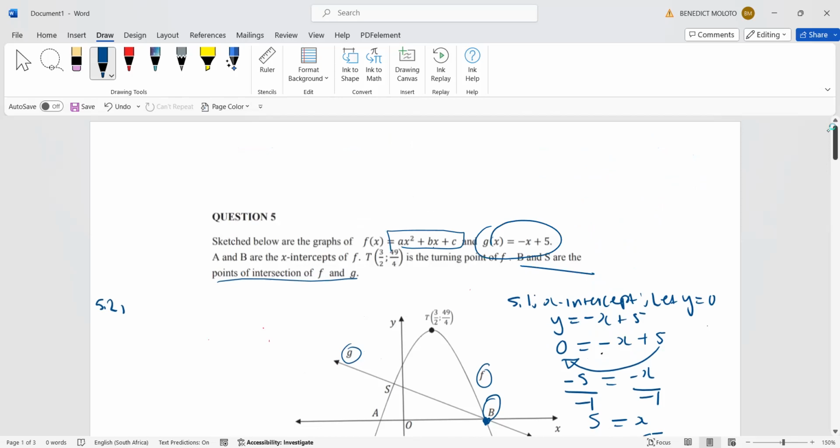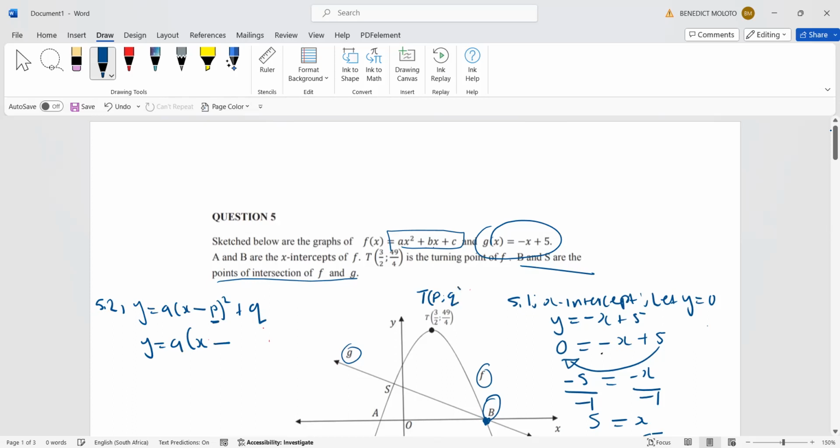Then we use this form of our parabola, y equals a(x minus p) squared plus q. Our p is replaced by 3/2, because in the turning point, p is our x and q is our y.